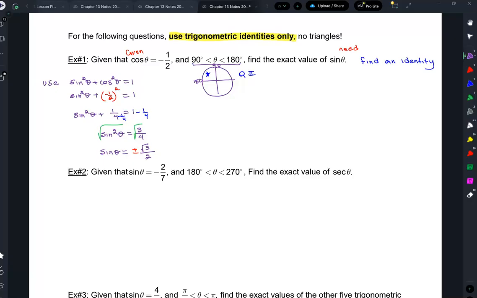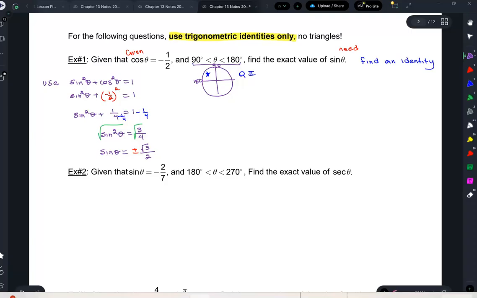So now, how do I choose which one? What do you use for that? Give me a reason. Right, so remember how we said our angle is in this quadrant? In that quadrant, sine is positive. So I know to take this one, okay?